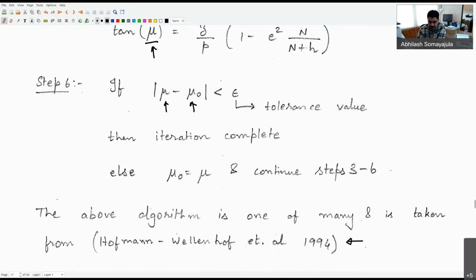This actually is a book called Global Positioning System, and it's a pretty detailed book and talks a lot about how you estimate these quantities, and how you shift from one frame to the other frame. So how do you take latitude, longitude, and height and compute the coordinates of the point in the Earth-centered, Earth-fixed frame, or vice versa.